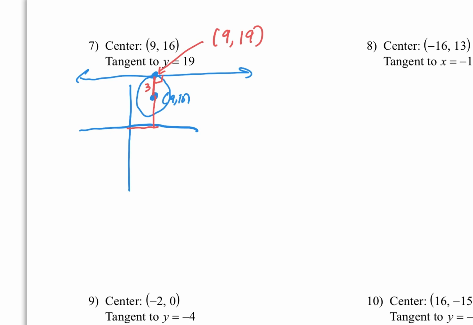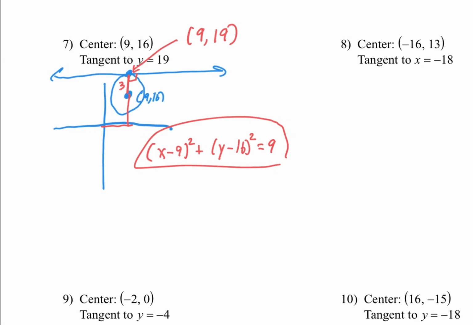There's no reason to use it. Because we can write this as x minus 9 squared plus y minus 16 squared. Make sure you use the center. And we know the radius is 3. So then this is going to be 3 or 9? It's going to be 9 because it's always r squared.